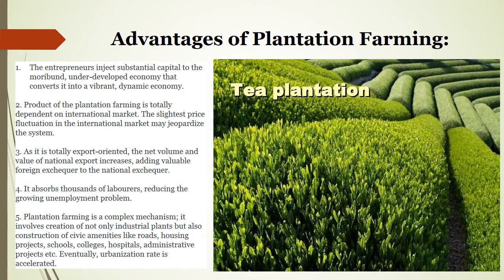Eventually, the urbanization rate is accelerated. So, because of plantation, it also develops the road, it also develops the housing for its employees. Schools, colleges are also developed in that particular area, and it accelerates the urbanization also.